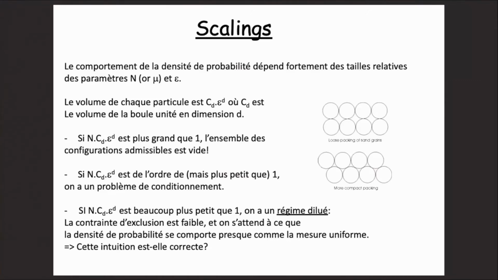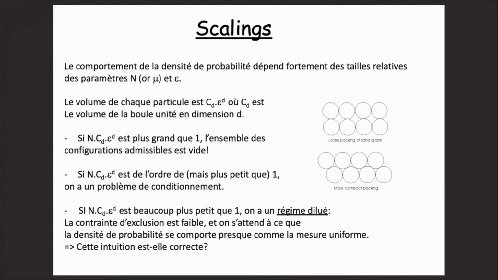The kind of regime that I will look at is the regime of what is called dilute gas, so the regime where epsilon is really small. In particular, if you multiply mu, which is the typical number of particles, by epsilon to the d, which is the volume of one particle, up to a constant, then I expect this number to be small compared to 1.